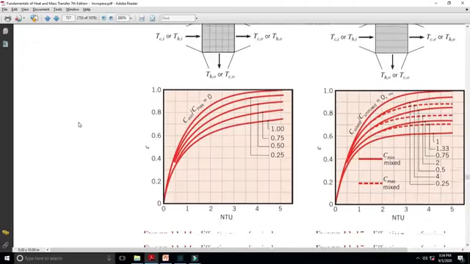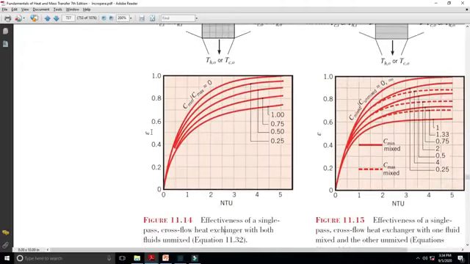So we need to find epsilon and Cmin over Cmax so that we can find NTU, and once we find NTU, we will equate it to UA over Cmin and be able to calculate the area. This is the procedure that will be adopted if we go with the Effectiveness-NTU method. Now we need to calculate two things, epsilon and Cmin over Cmax.